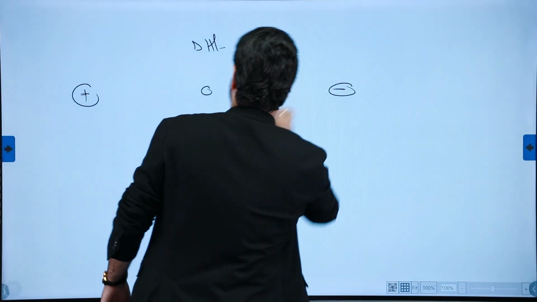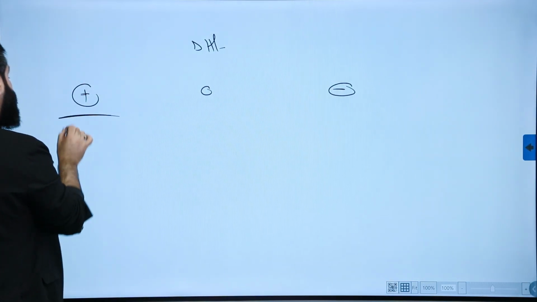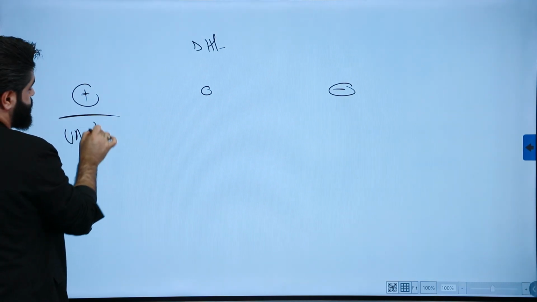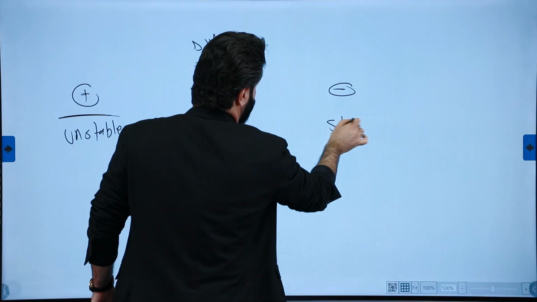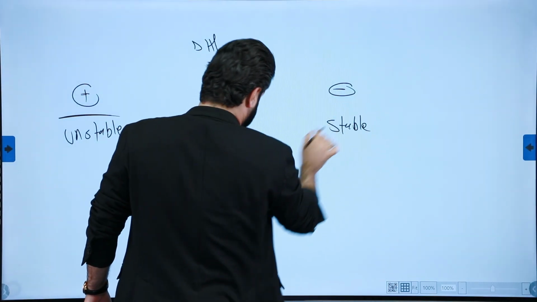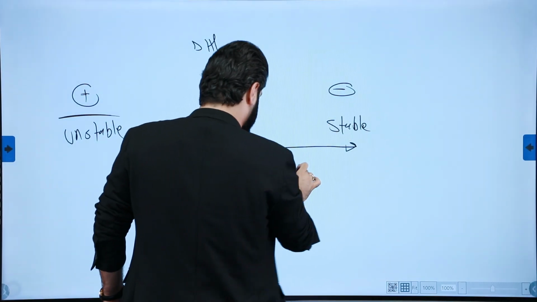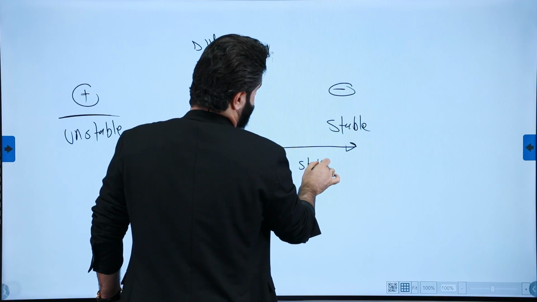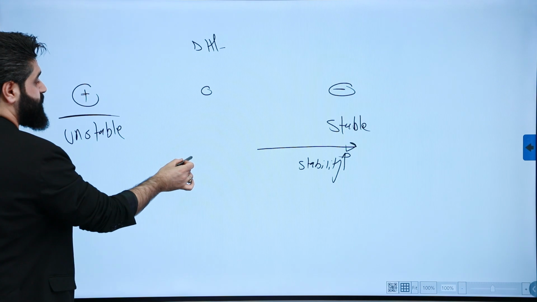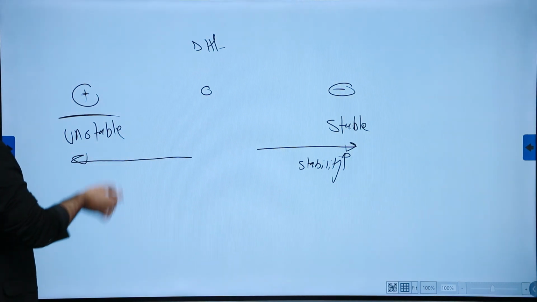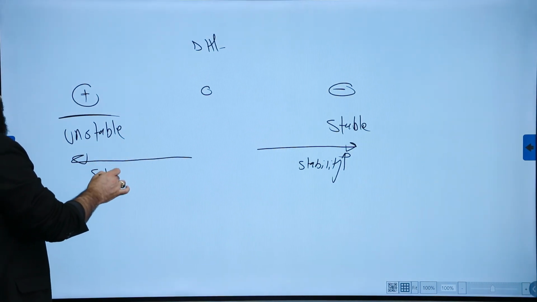Negative. If it's positive, the compound is unstable. If it's negative, the compound is stable. And as much as the negativity is increased, stability is increased. But for positive, as the positivity is increased, the stability is decreased.